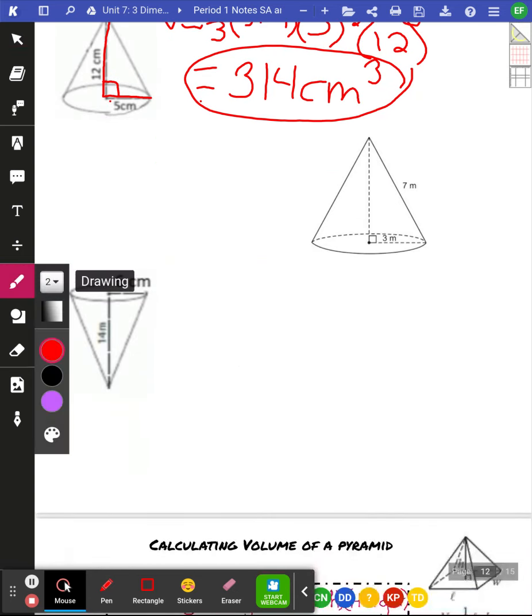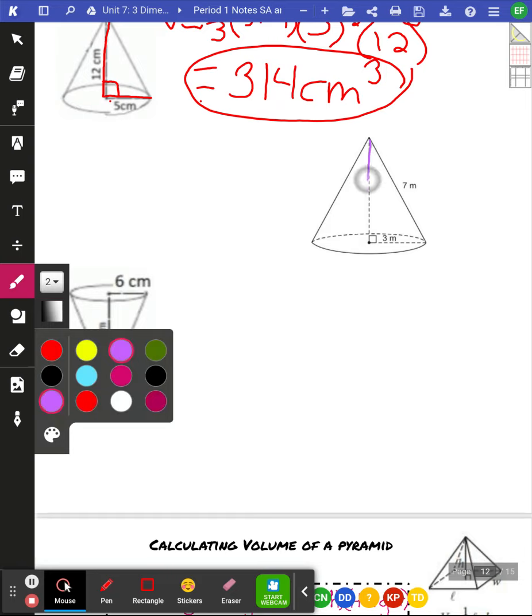Now, this is an example like I spoke about before where we're not given all of the crucial information. For example, here, we do not have the height of our cone. So we are going to have to go ahead and solve for that first. So we were doing this the other day. We need to solve for our height. So we're going to do Pythagorean theorem.